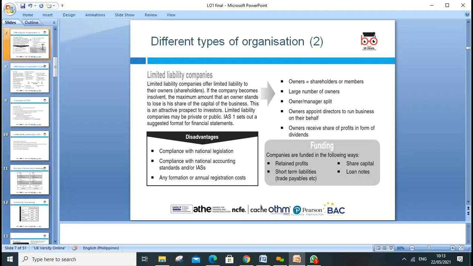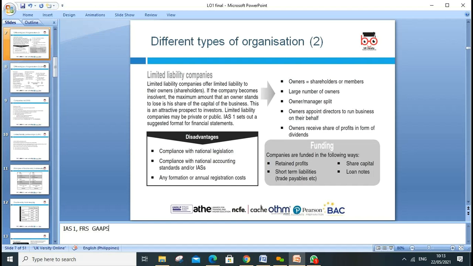Then we have IAS. Do we know IAS? What is IAS? International Accounting Standards. Yes, International Accounting Standard 1 is about preparation and presentation of financial statements. So we can follow IAS or we can follow FRS, called Financial Reporting Standard in the UK, a local standard.